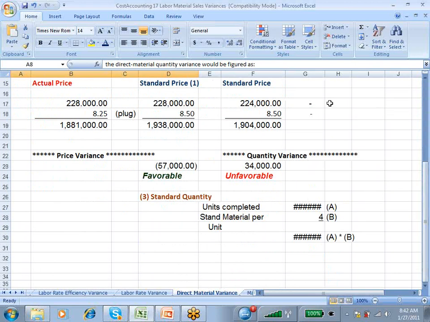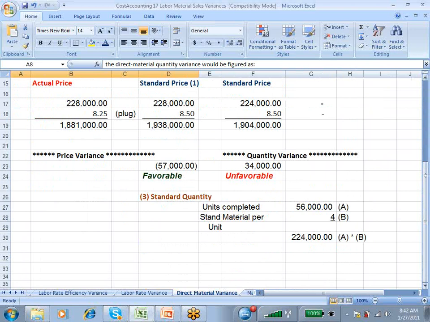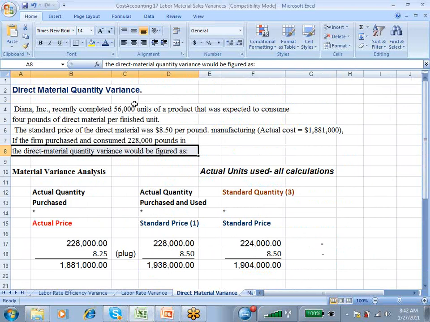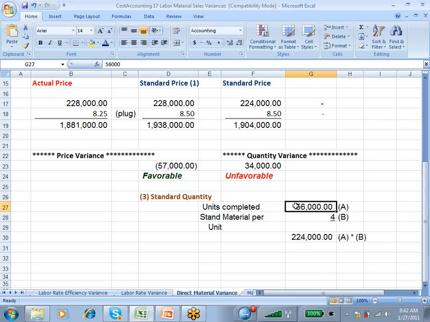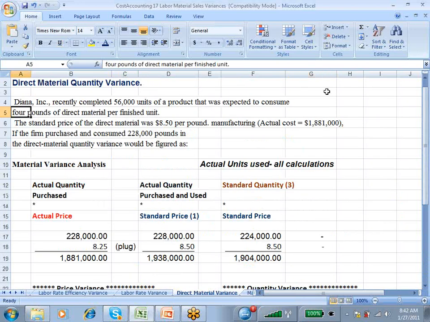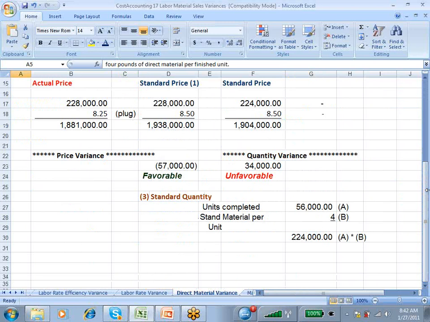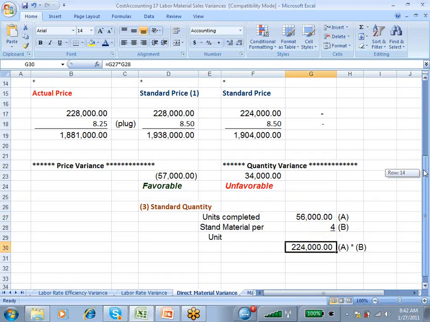Let's look at the chart. I'm going to expand the cell here to show. As I mentioned at the beginning, 56,000 units times 4 pounds of material per unit gets me 224,000. 56,000 times 4, 224,000.